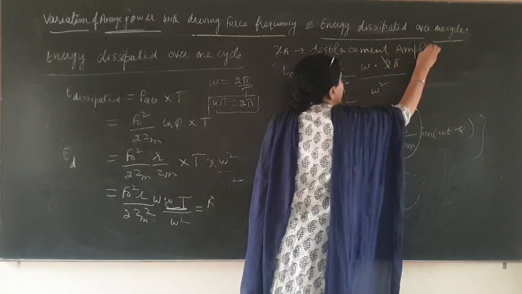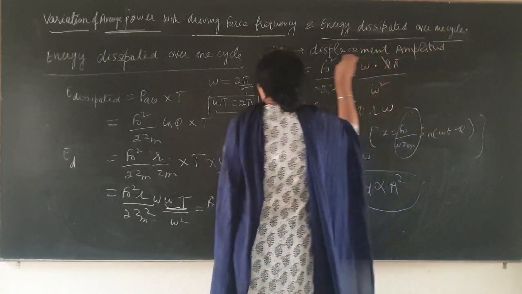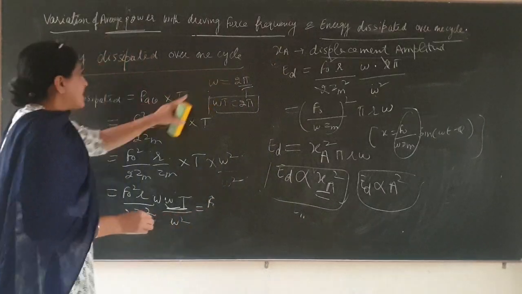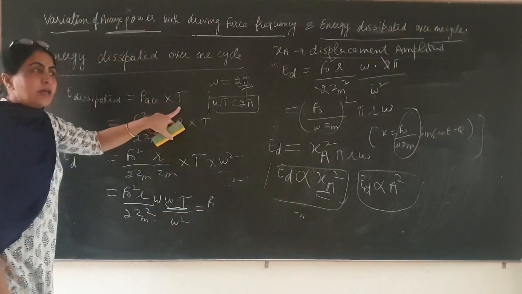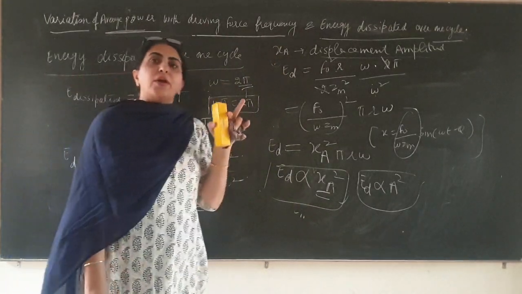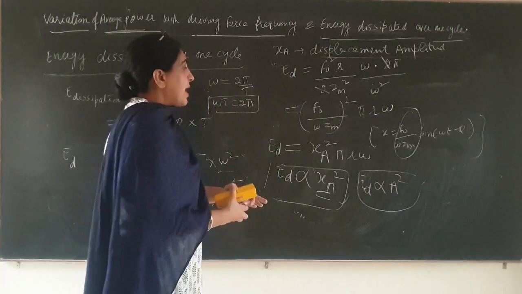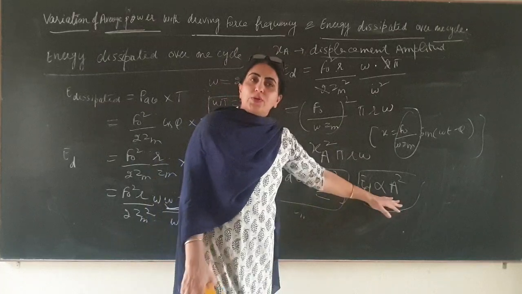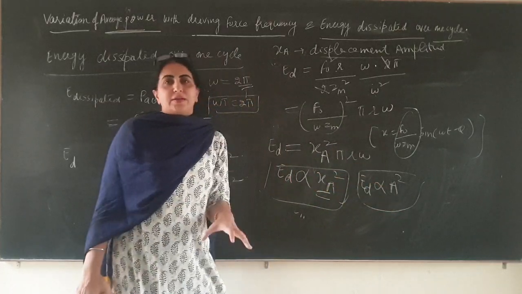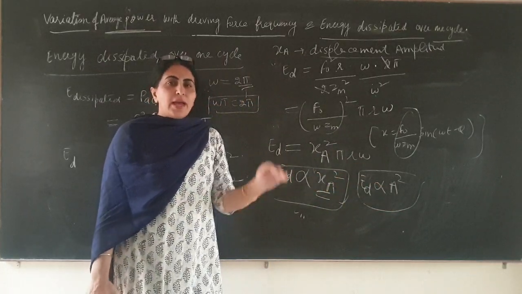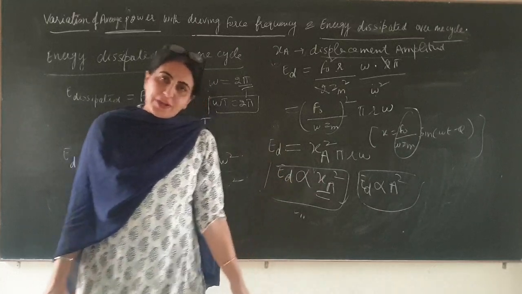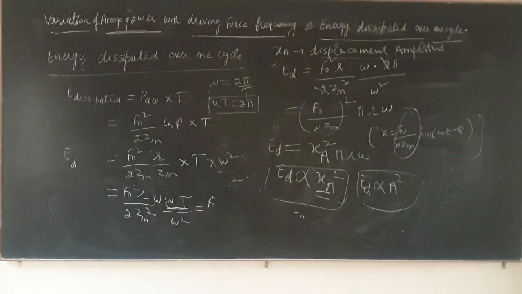So the energy dissipated over one cycle, over one time period, is directly proportional to amplitude square. So thank you very much.